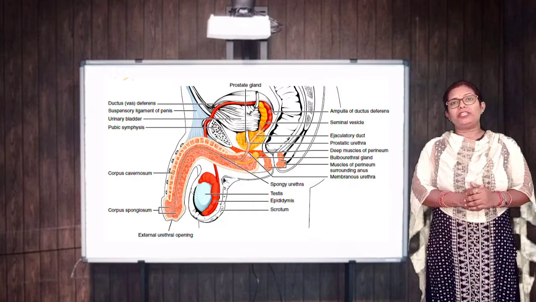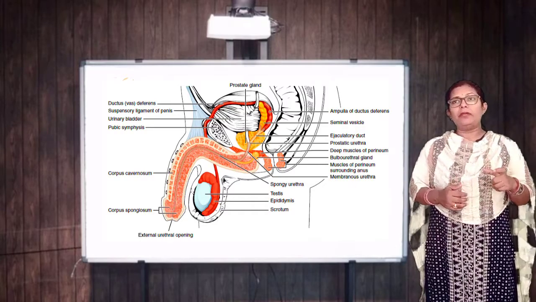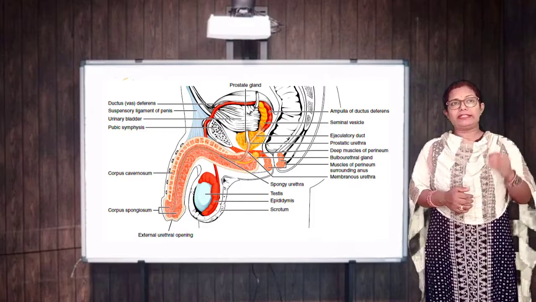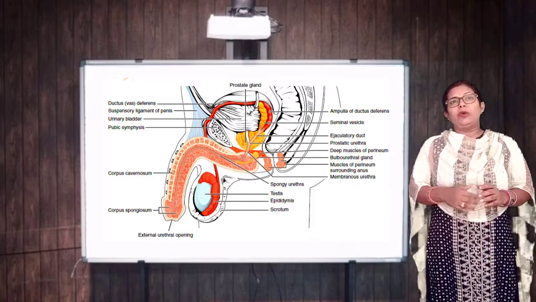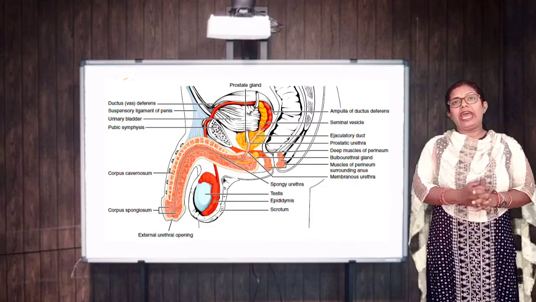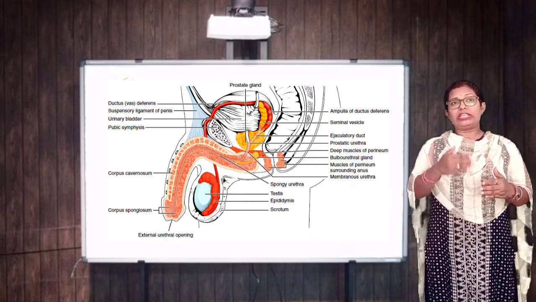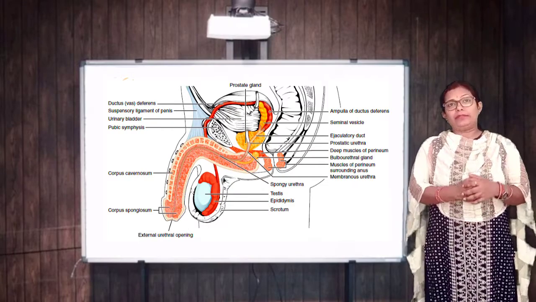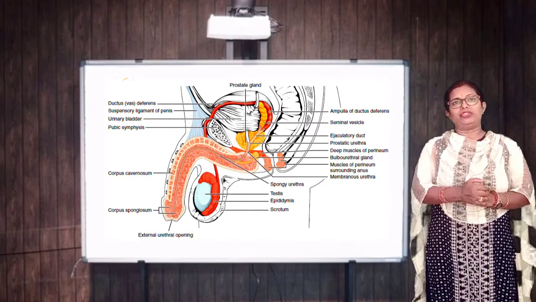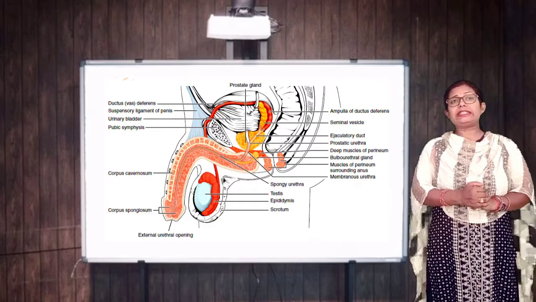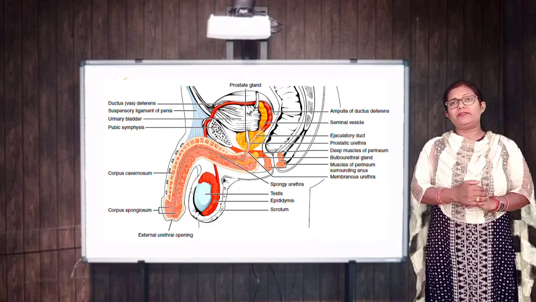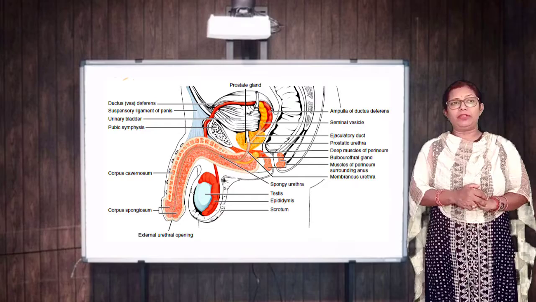The function of the testes is to produce sperm, which is the smallest human cell. They lie outside the abdominal cavity as they produce sperm at a temperature 2 to 3 degrees lower than body temperature. The testis is enclosed in a dense fibrous coat called tunica albuginea.